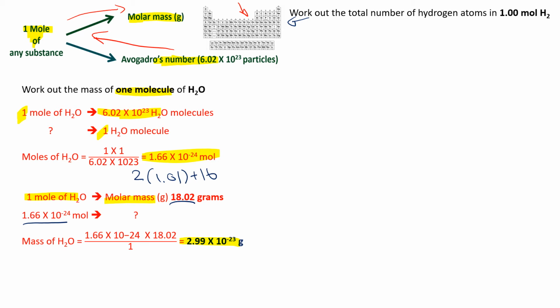Okay, the next problem, let's check this out. Work out the total number of hydrogen atoms in 1 mole H2. Okay, so now we have 1 mole H2. How many hydrogen atoms?